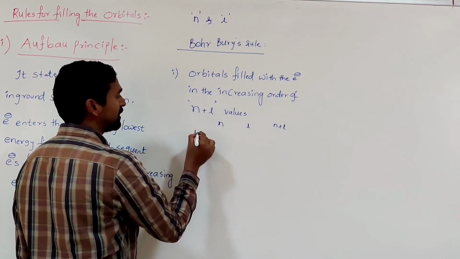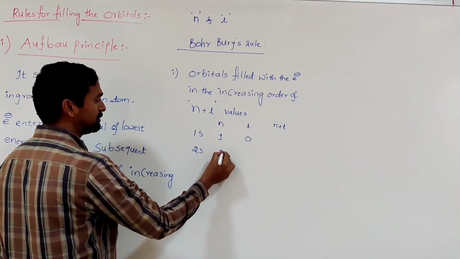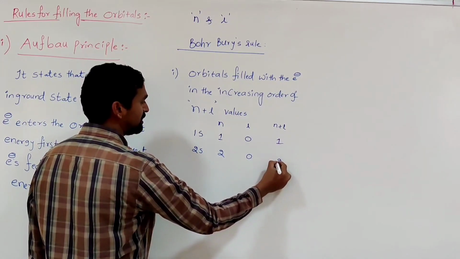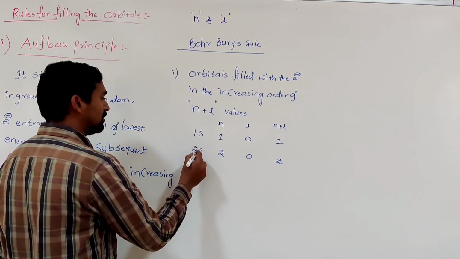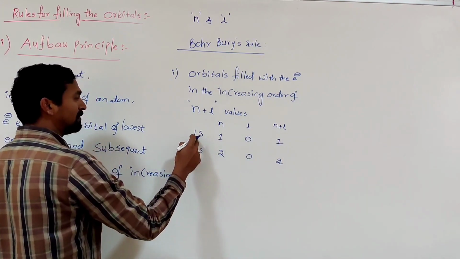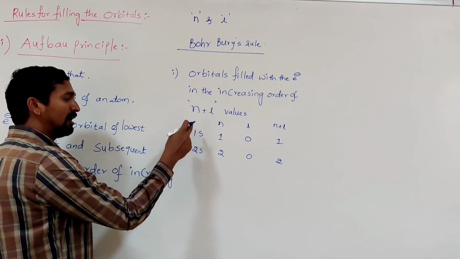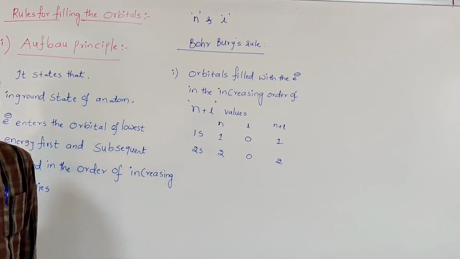For this one, n is 1 and l is 0. Here n is 2, l is 0. What is the n plus l value? It is 1 and here 2. Similarly, among the 1s and 2s orbitals, the n plus l value is low for the 1s orbital. That's why the electron first enters into the 1s orbital. After filling the electrons in the 1s orbital, next it goes to the 2s orbital.